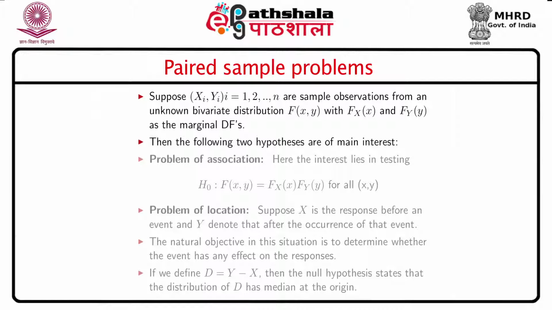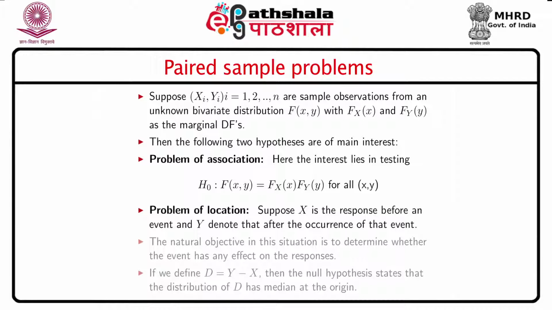Then we have the following two hypotheses which are of main interest. Number one, the problem of association. Here, the interest lies in testing that the two random variables X and Y are independent. That is, the joint distribution function is the product of the two marginals for every pair (x,y).